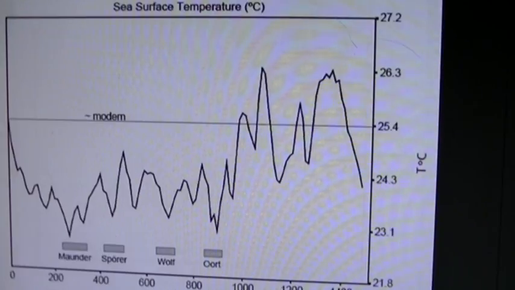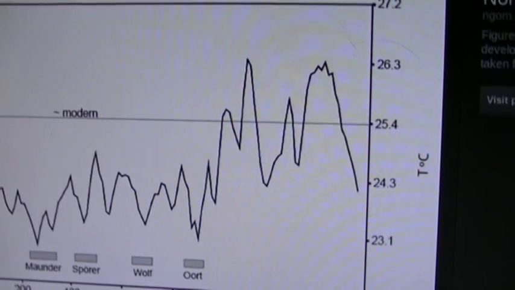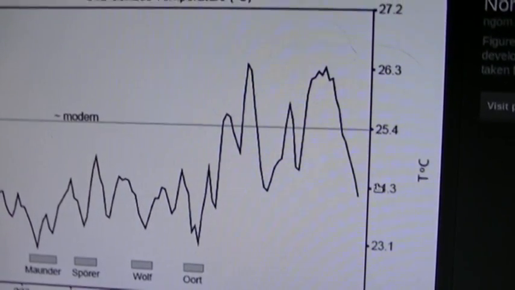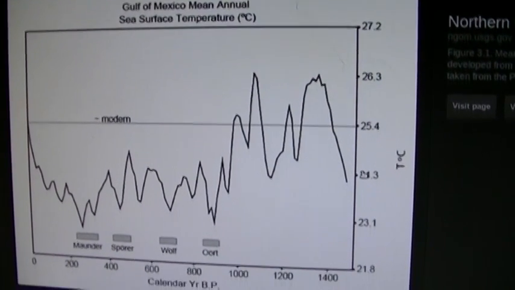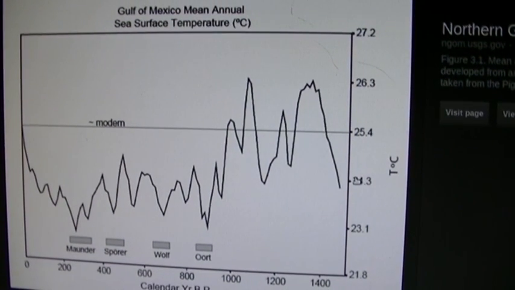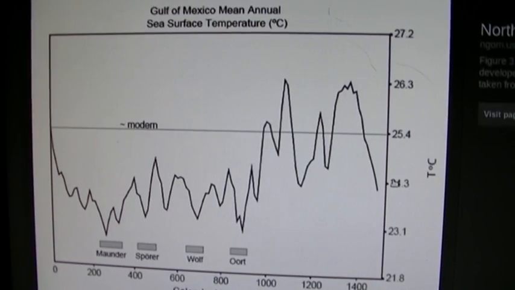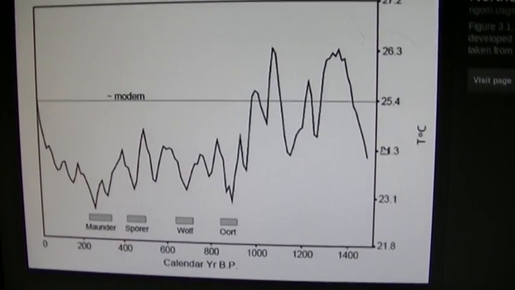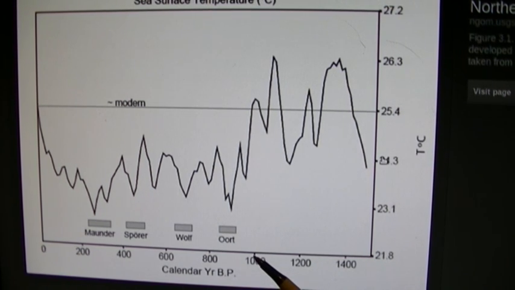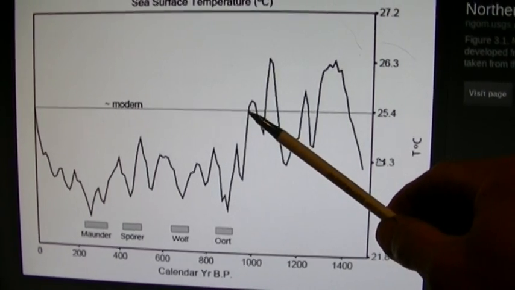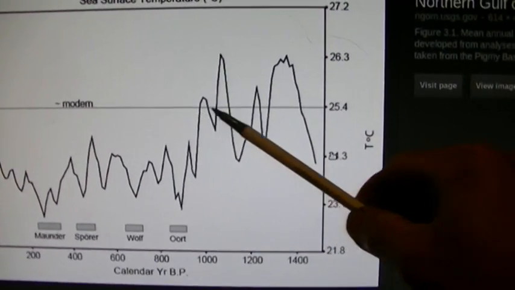I'm going to increase this. And here we can see it's from years before present. Okay, here's 1,000 years ago. It was 25 degrees centigrade.